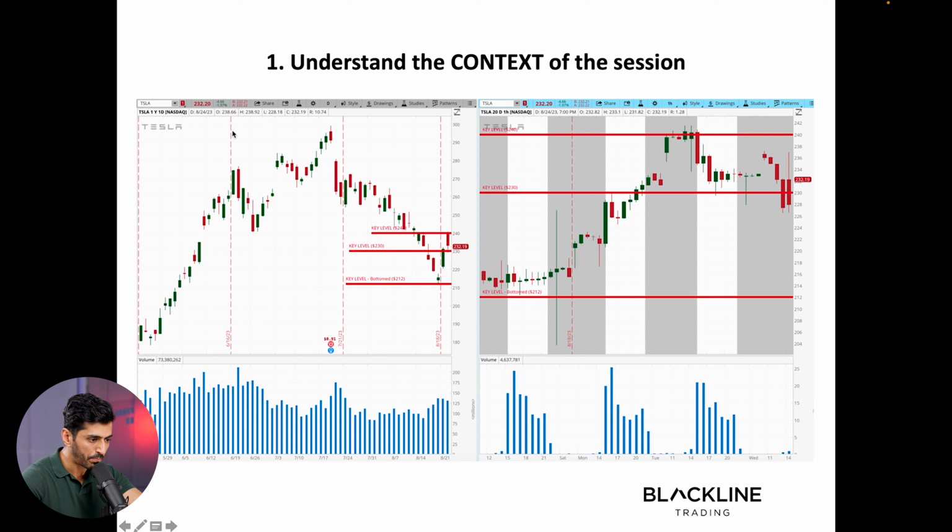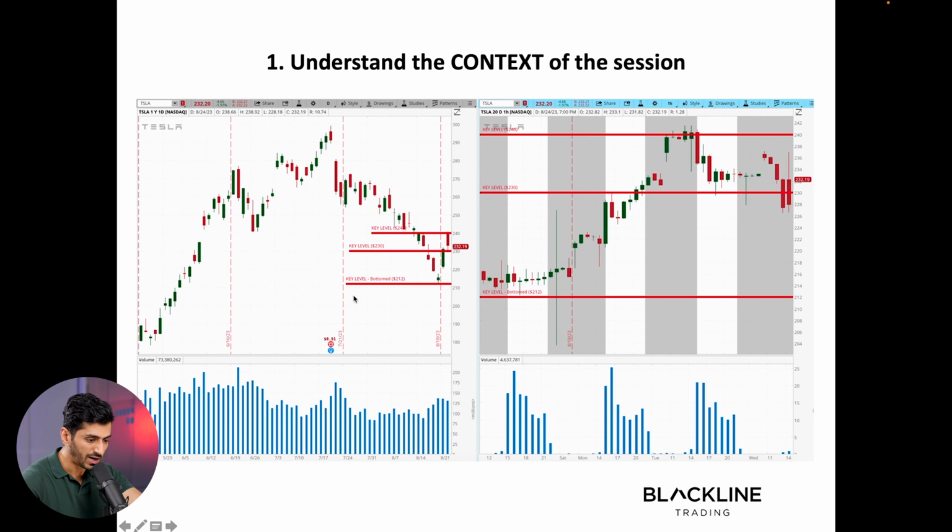If you look from the bigger point of view, our first takeaway is that the stock is going through heavy selling pressure. It topped at 300 and we are seeing some aggressive selling non-stop. So the sentiment in the stock is quite bearish.